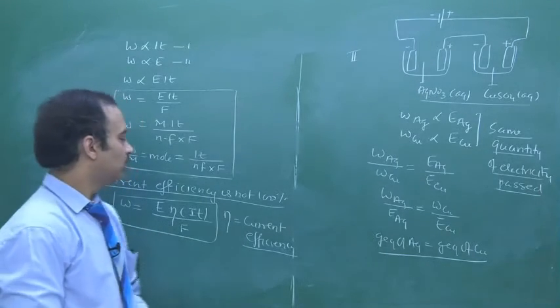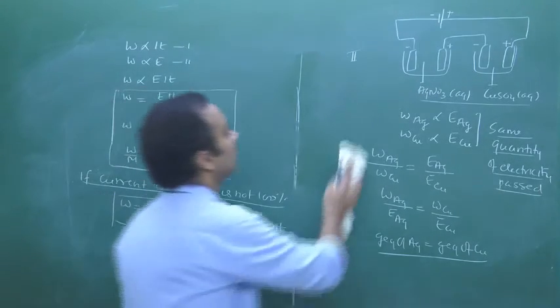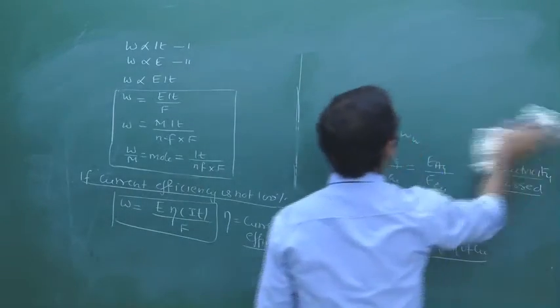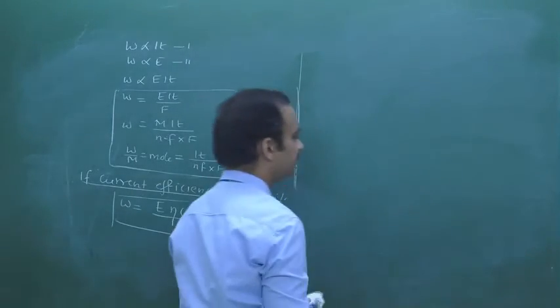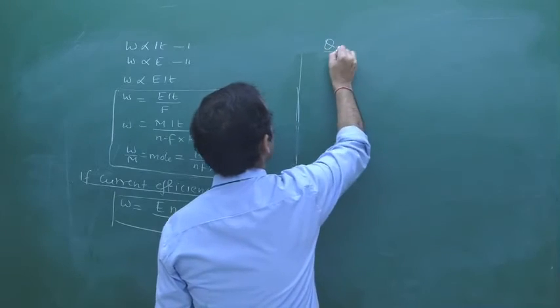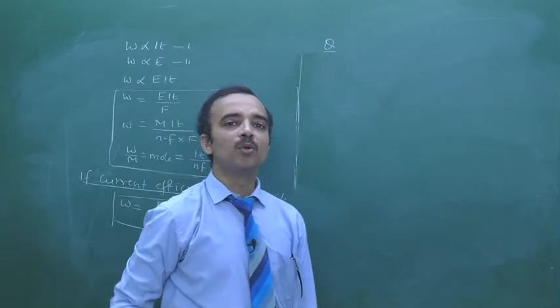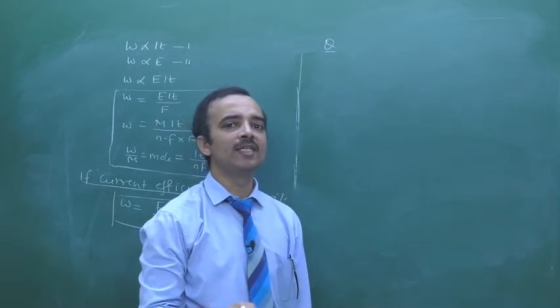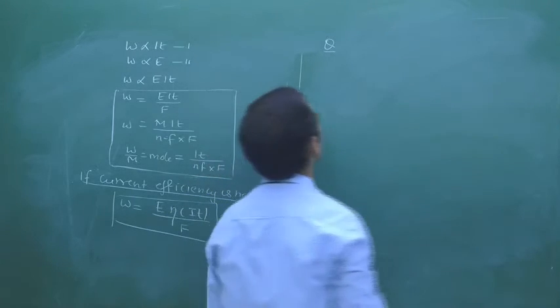Now let us try to attempt questions on this topic. Question 1. Suppose we have 3 electrolytic cells connected in series.